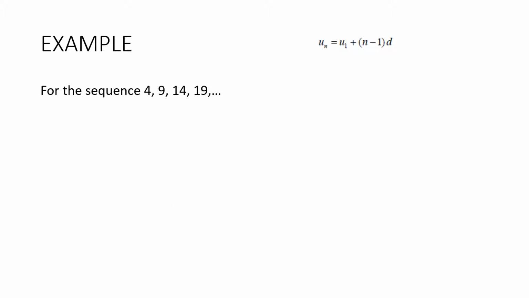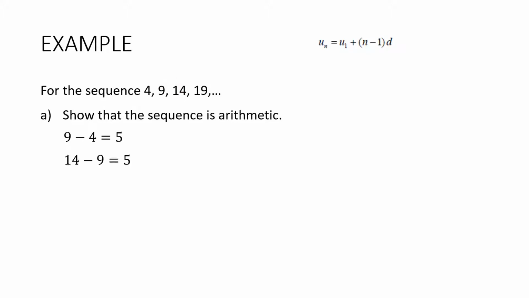For the sequence 4, 9, 14, 19, firstly show that the sequence is arithmetic. All we need to do here is show that there's a common difference. We just find the difference in the pairs of terms. We do 9 take away 4 is 5, 14 take away 9 is 5, and we can also say this difference here is 5. So because we have a common difference, the sequence is arithmetic.